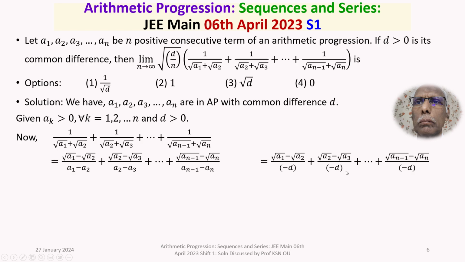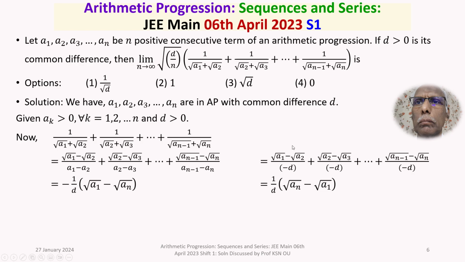So we have written minus d in the denominator. Now we take out 1 by minus d as common. So that will be minus 1 by d into this one, root of a1 minus root of a2 plus root of a2 minus root of a3 plus etc. plus root of an minus 1 minus root of an.